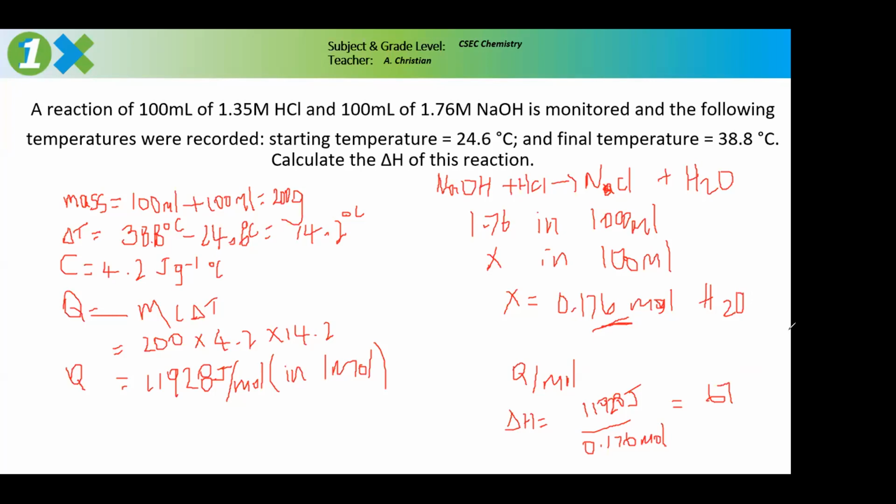And lastly, you need to assign the sign. Is it positive? Is it negative? That has to be there.